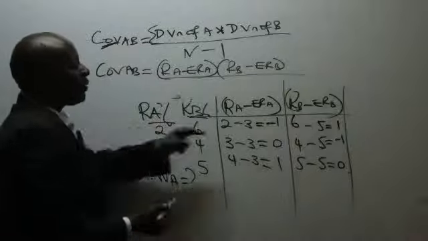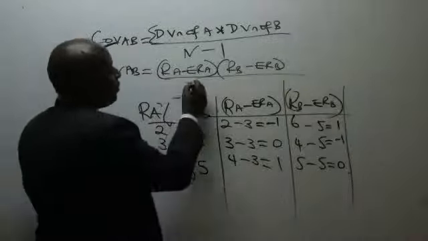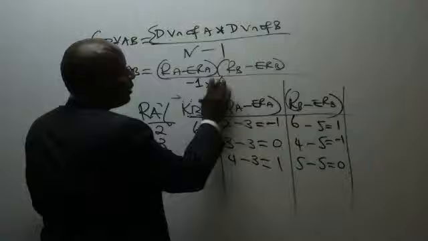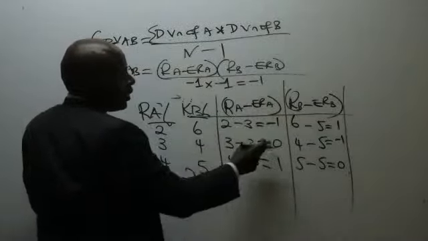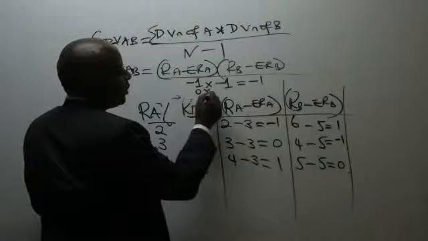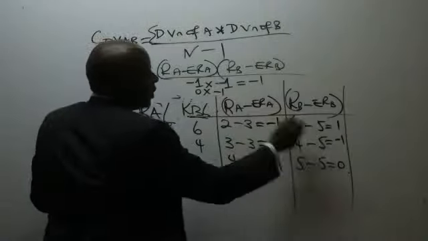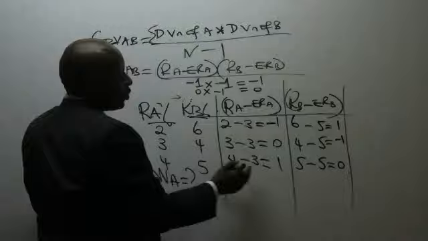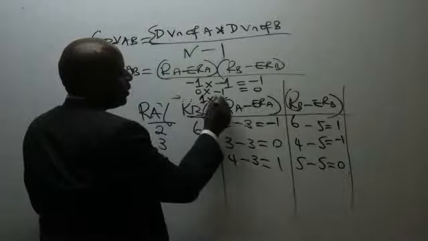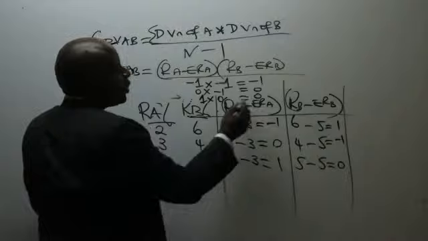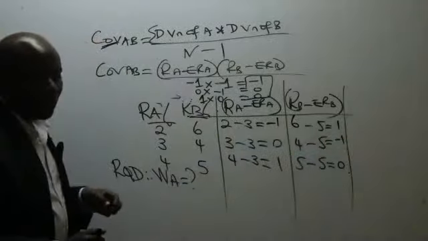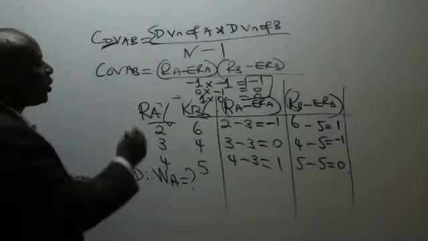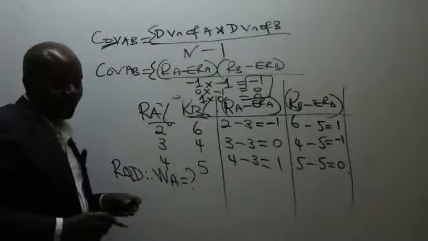Fortunately, we have these numbers. So now here, it will be minus 1 times 1, which gives me minus 1. Next, we have 0 times minus 1, which gives me 0. Next, we have 1 times 0, which gives me 0. So when you add the 3, what are we able to get?